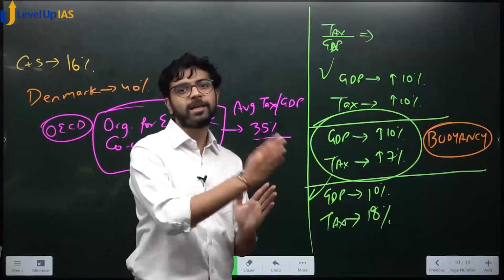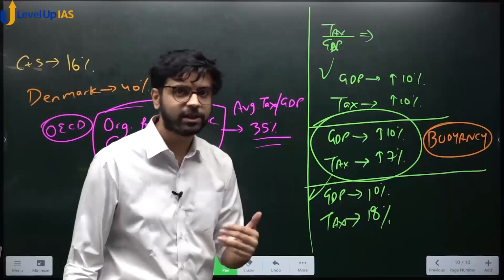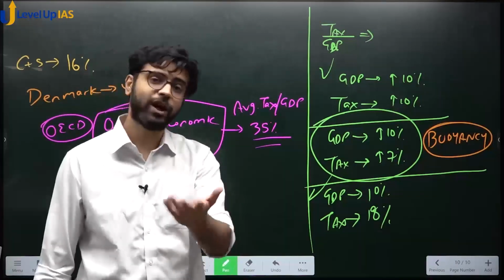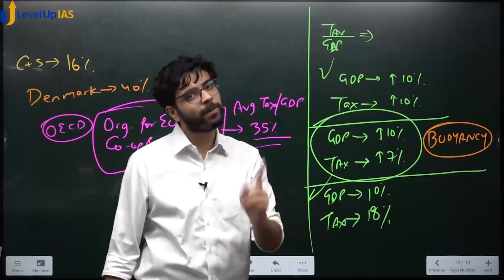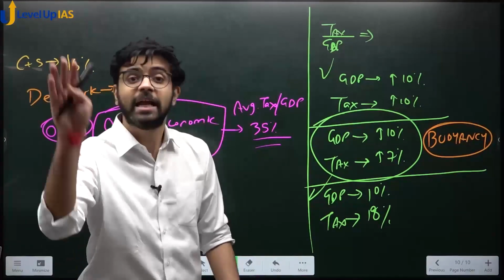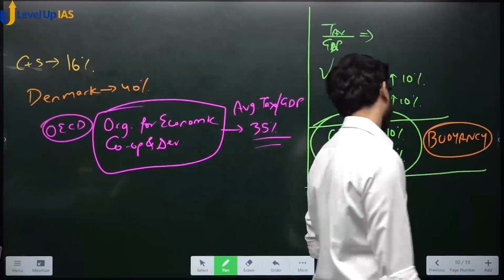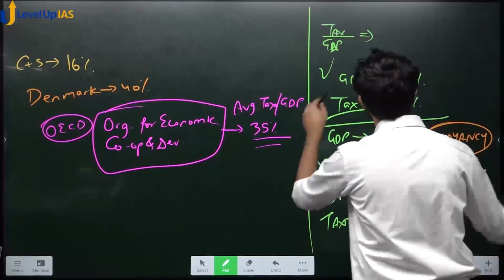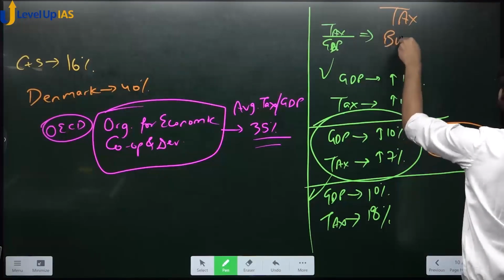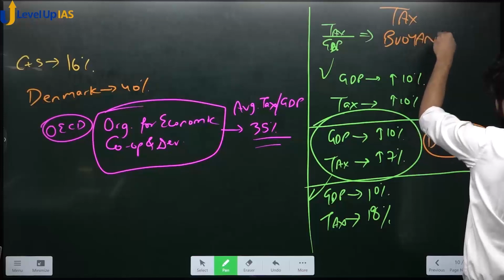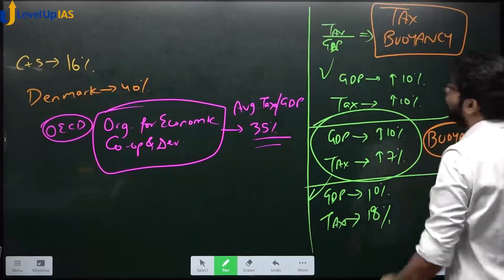Buoyant means overtaking the GDP growth. If GDP increases by 5 percentage points, tax increases by 20 percentage points, very buoyant. If GDP increases by 3 percentage points, tax increases by 1 percentage point, not buoyant, less buoyant. Okay, tax buoyancy. So I'll write it here also. Tax buoyancy.